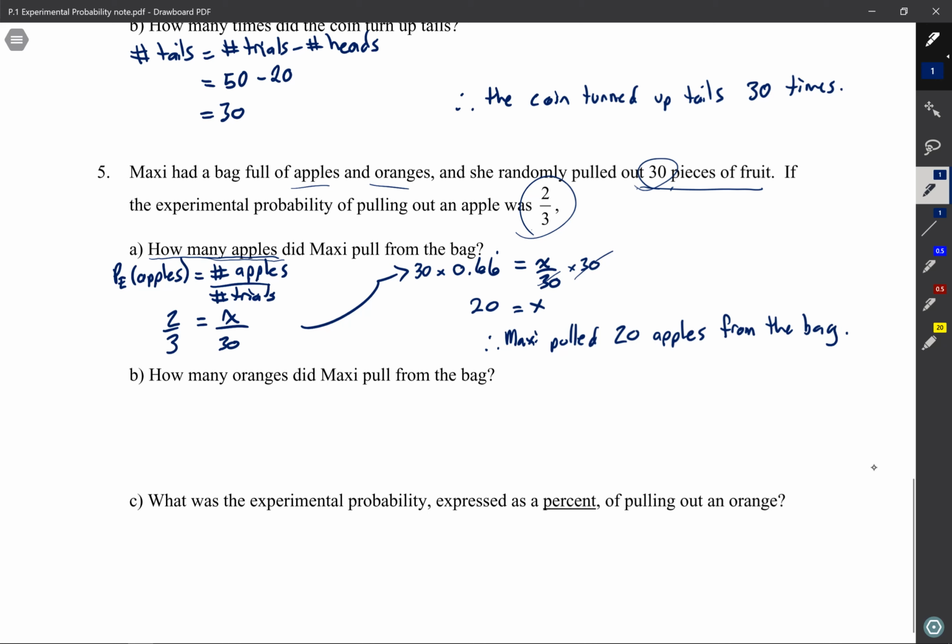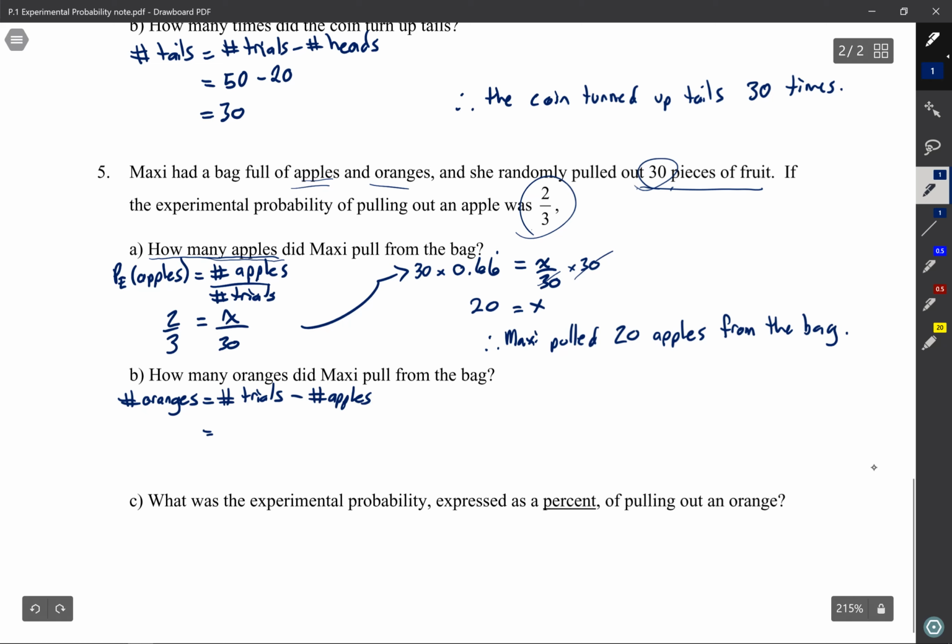But what we do know is that she can only pull apples or oranges from the bag, meaning if she pulled out 30 pieces of fruit, the number of oranges is the total number of fruits, which is the number of trials, minus the number of apples.